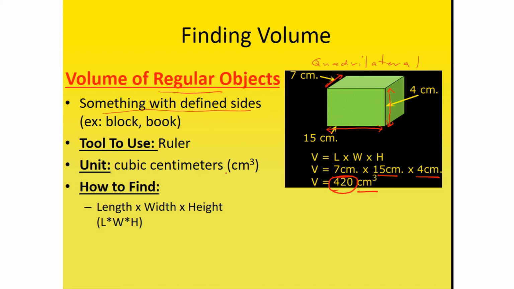The unit is called cubic centimeter, or cm3. To find the volume, use the length, width, and height. Multiply them, and then you get 420 cubic centimeters, multiplying 7, 15, and 4. So that's how to find the volume of a regular object.